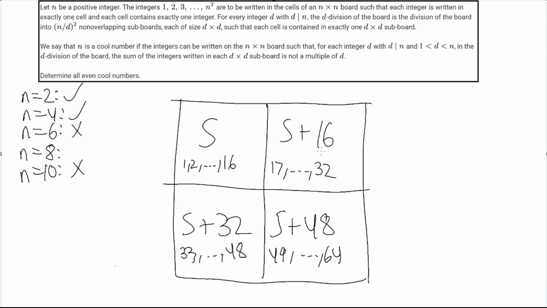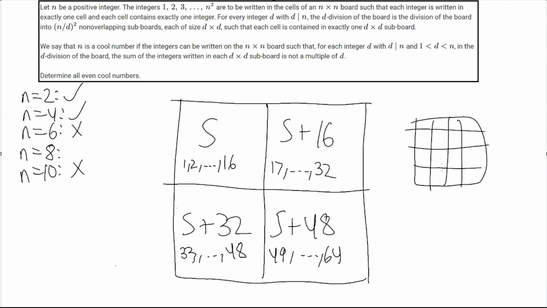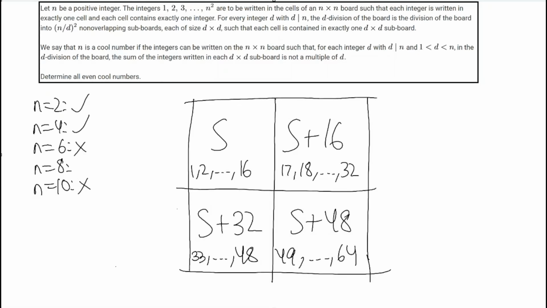And recall how we used something similar when solving the n equals 4 case. Meaning that when we had this grid here, we noticed how we had 1, 2, 3, 4, 5, 6, 7, 8, 9, 10, 11, 12, 13, 14, 15, 16, and we solved that by swapping numbers. Can we swap numbers in this case? Well, yes, but we have to be careful.